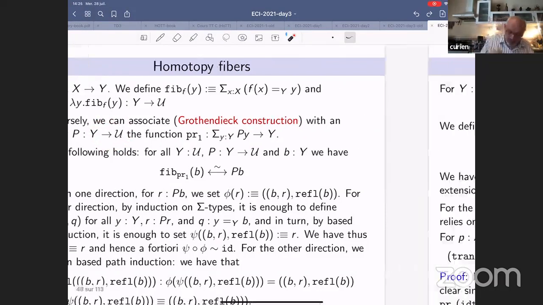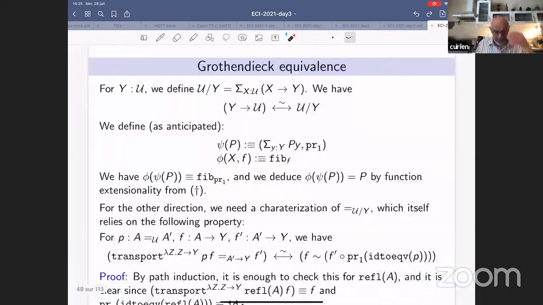Let me remind you what the statement is of this theorem, which we could call the Grothendieck equivalence, because the construction is very much related to something called the Grothendieck construction in category theory.